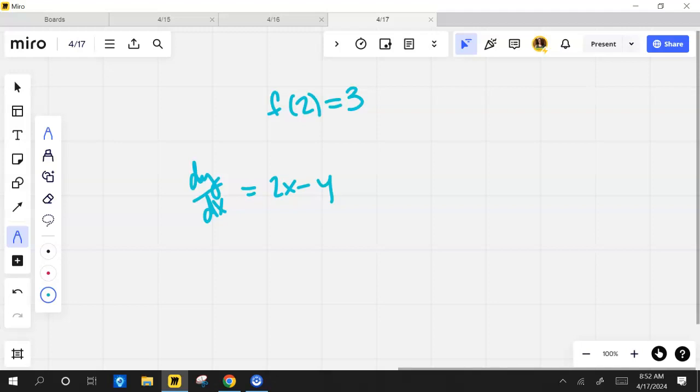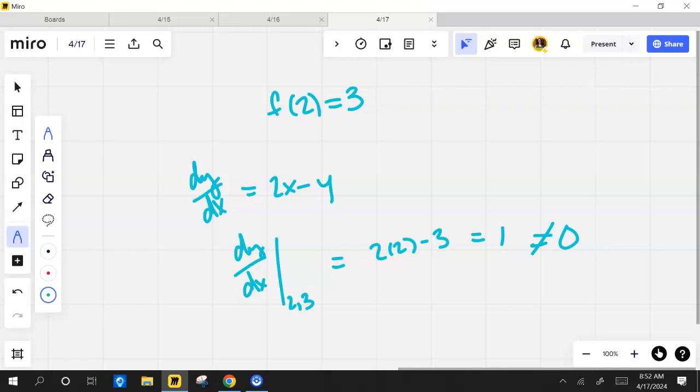So if this is 0, it's a potential max or min. But if it's not 0, then I don't have to go any further. There's no way it could be. So if I do dy dx at the point 2, 3, I get 2 times 2 minus 3, which is not 0, right? Therefore, it cannot be a max or a min because the derivative does not equal 0.